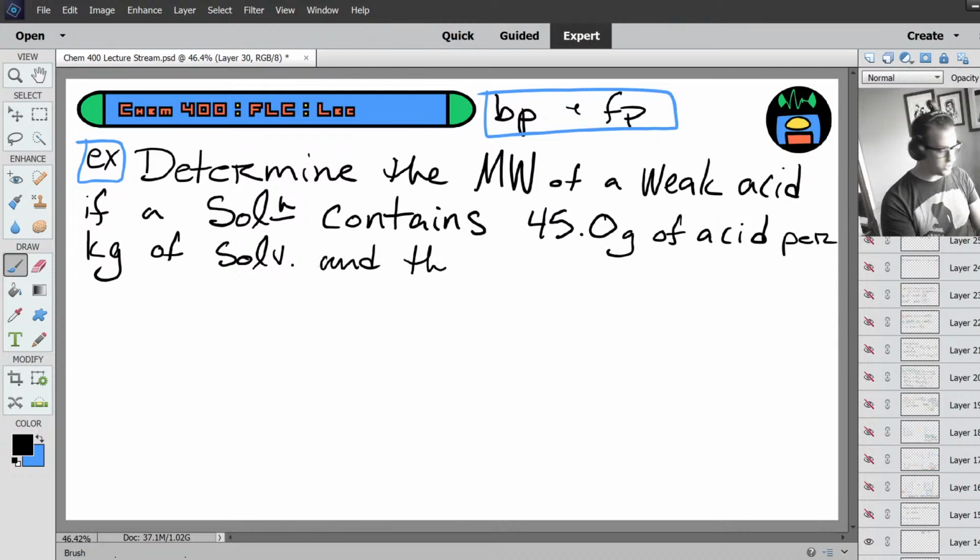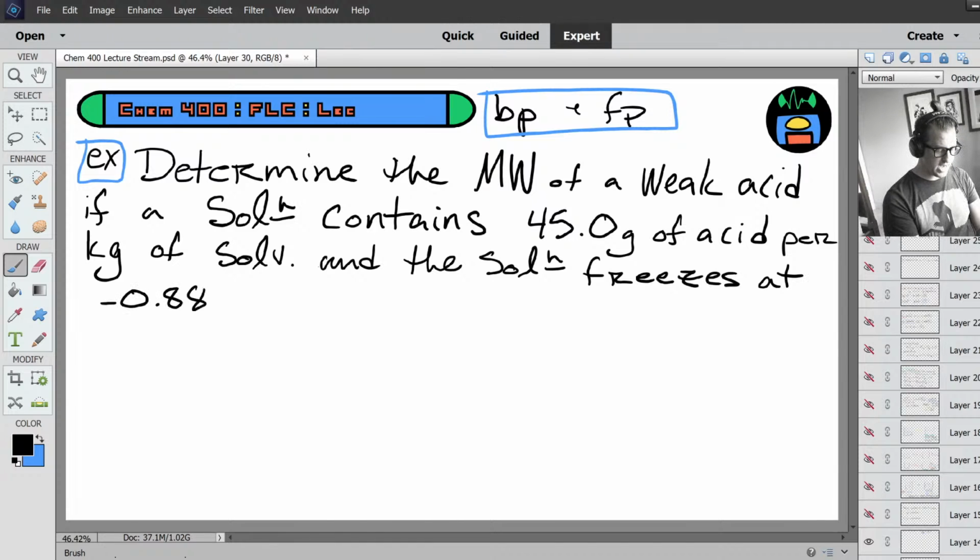And the solution freezes at negative 0.88 degrees Celsius.